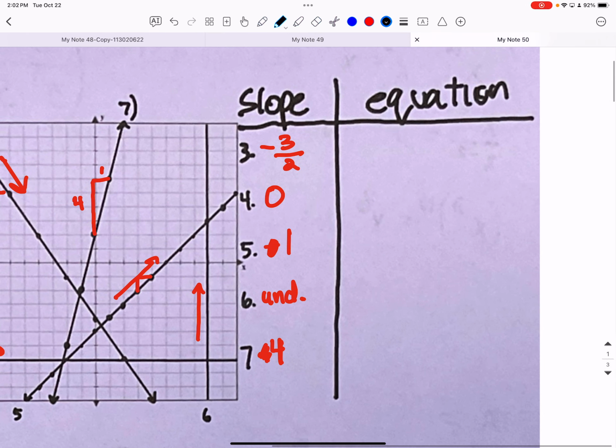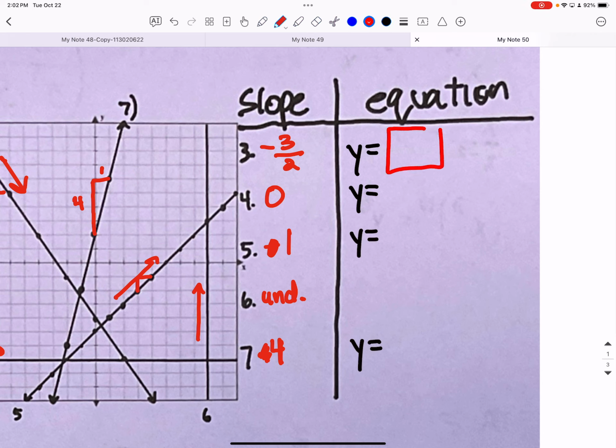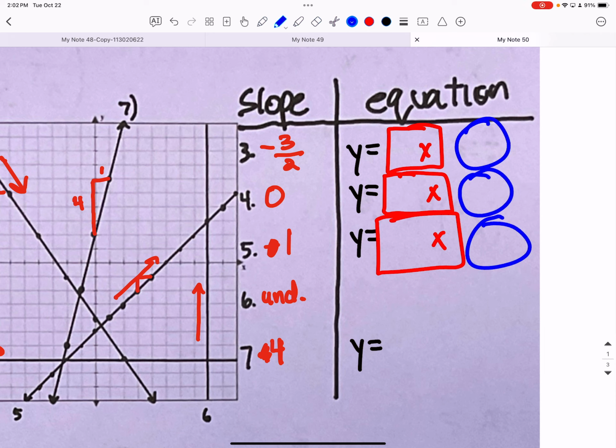Once you know the slope, you know a lot of the equation. Y equals my laundry and baby's laundry. My laundry always gets the x. And then something without the x. Now, obviously, if this makes sense to you, you don't need to draw the shapes. This is just knowing that we always need 2 of those.